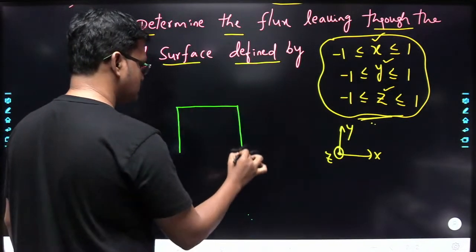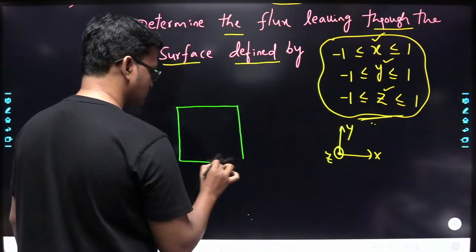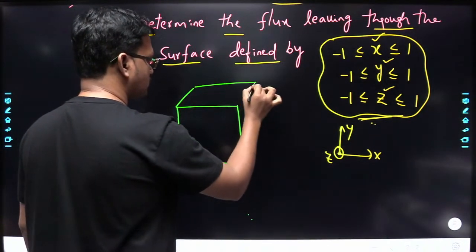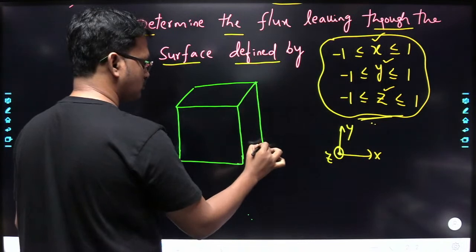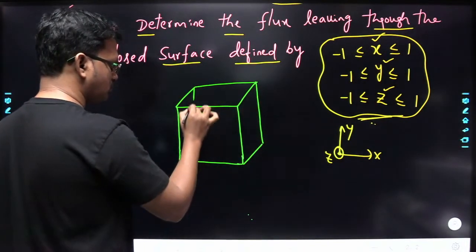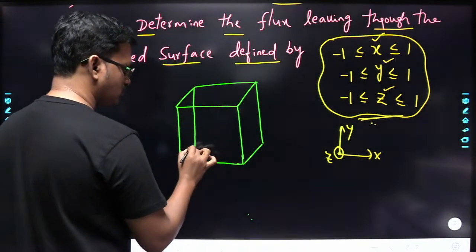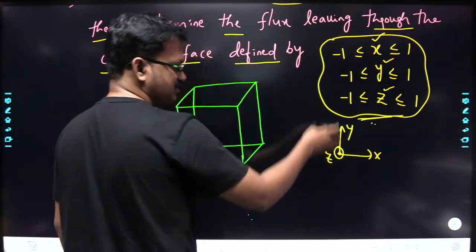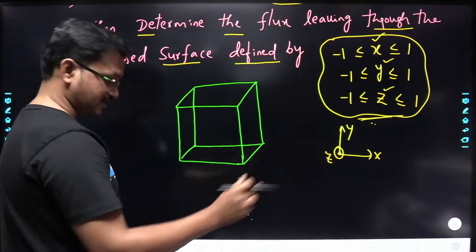So let us say this is the cube. So this is x-axis, this is y-axis, and this is z-axis, right?